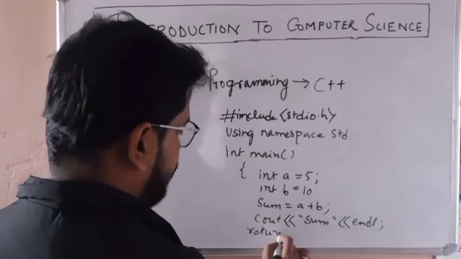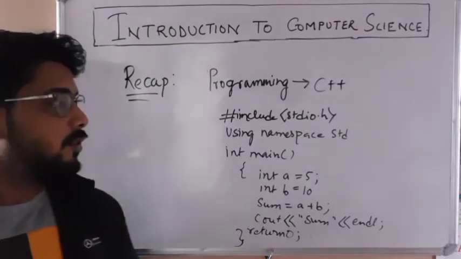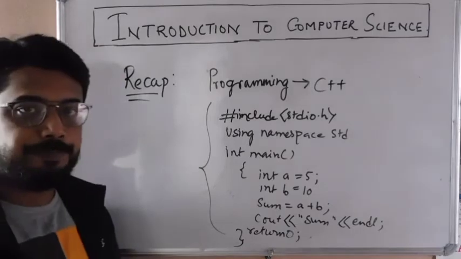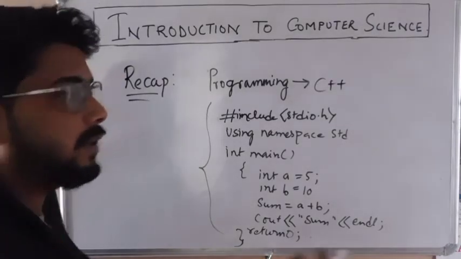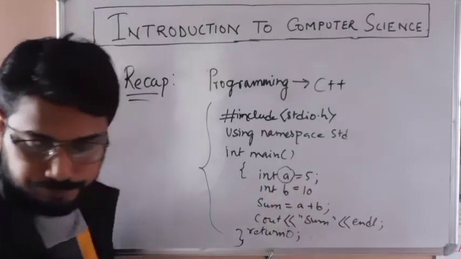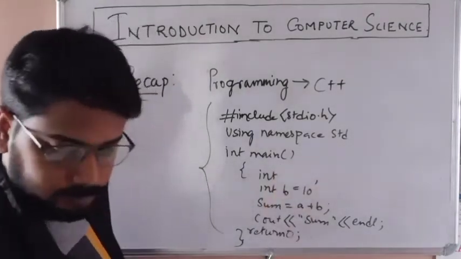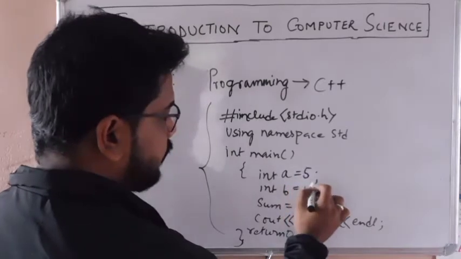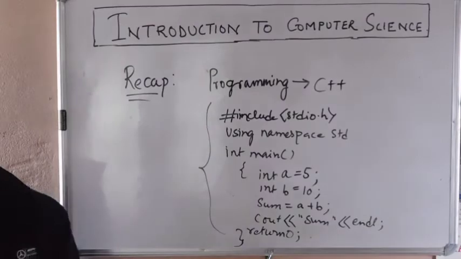So this is the very basic structure of a C++ program to add two numbers. Now in the previous algorithm, what did we learn? That we have to take three variables. Here, A equal to 5, B equal to 10.